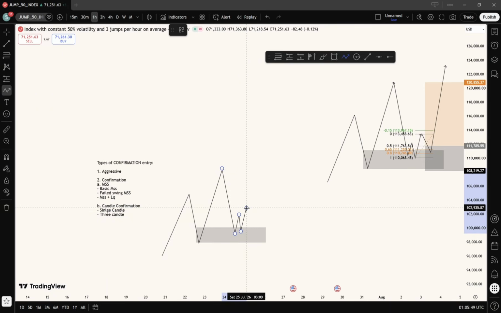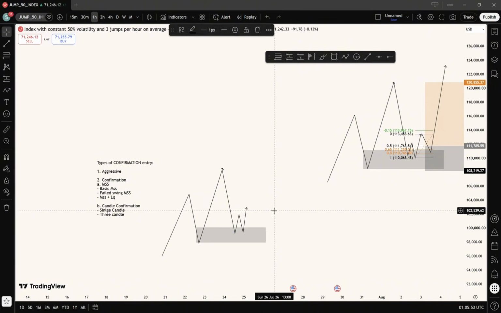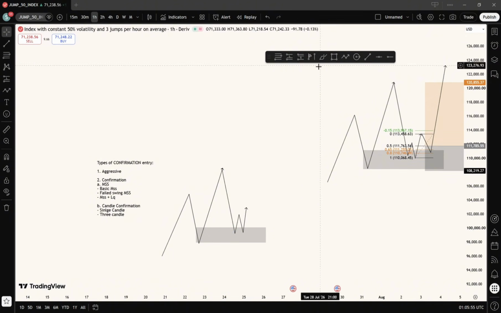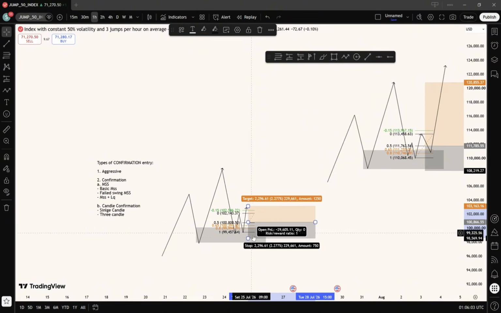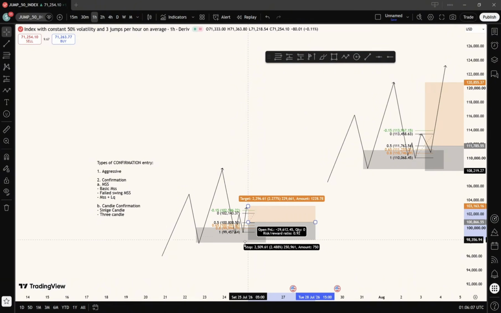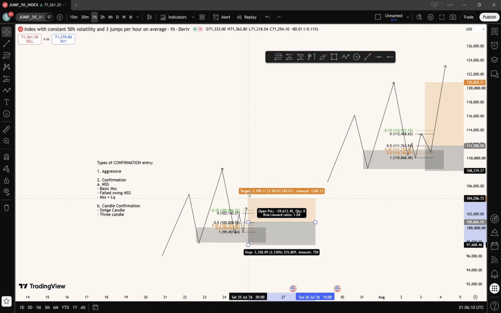Whenever you see something like this, expect price to come back to the 50% level of this particular leg. Then your SL here, or you still post it here, then you target up.